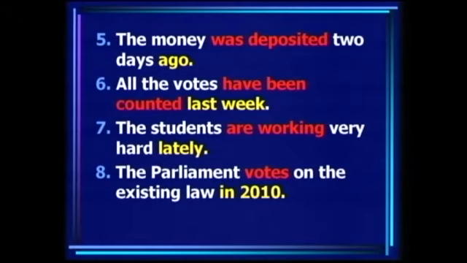In English we use the present perfect as long as for things which started and ended in the past, as long as we do not say when. يعني الجمل دي اللي فيها ago مثلا, the money was deposited 2 days ago. لو ما كنتش قلت 2 days ago ممكن اقول the money has been deposited ما دام ما قلتش امتى. وهنا برضو all the votes have been counted last week، لا، ممكن اقول all the votes were counted last week، لكن لو ما قلتش last week ممكن اقول all the votes have been counted.